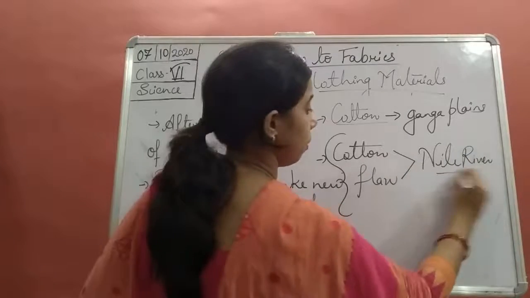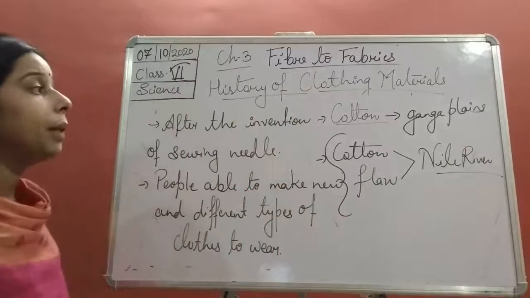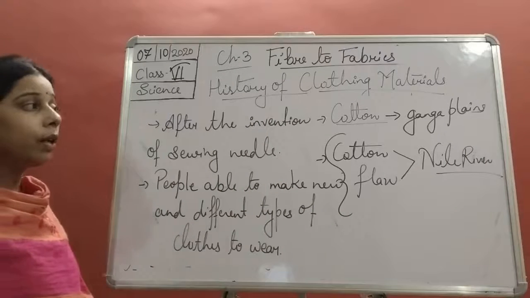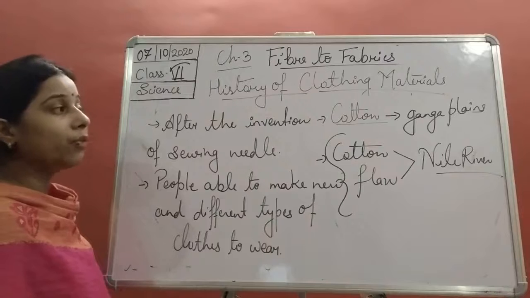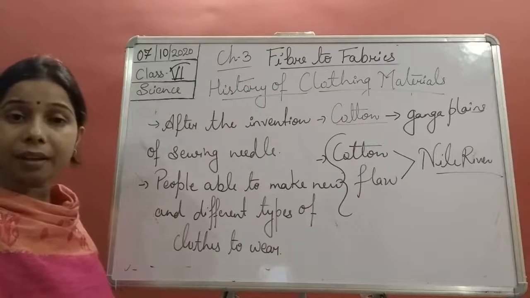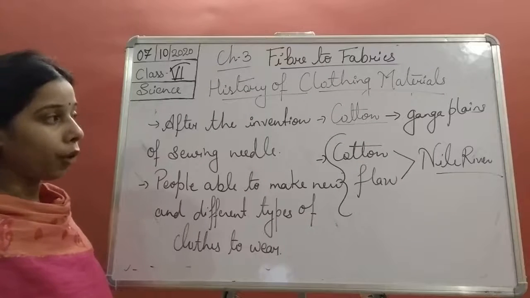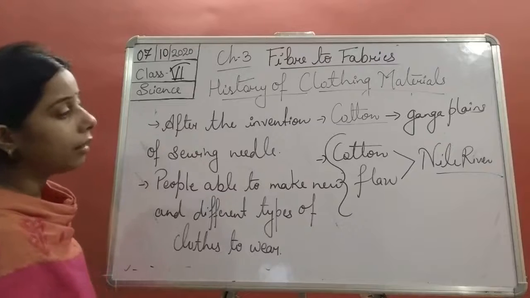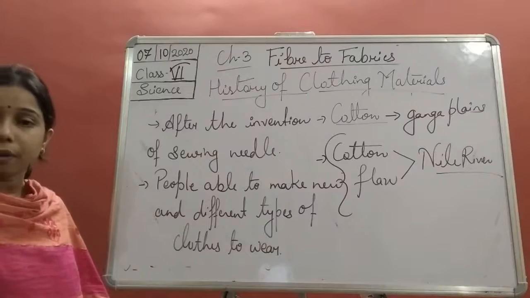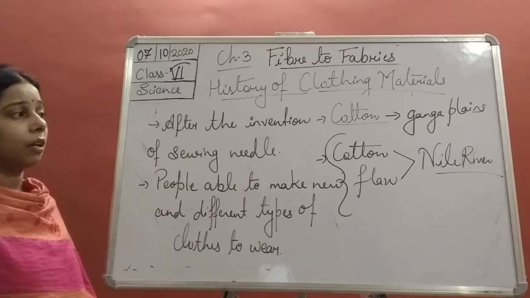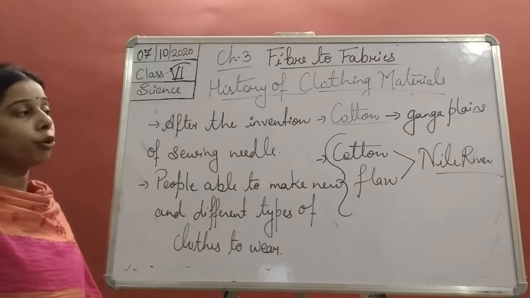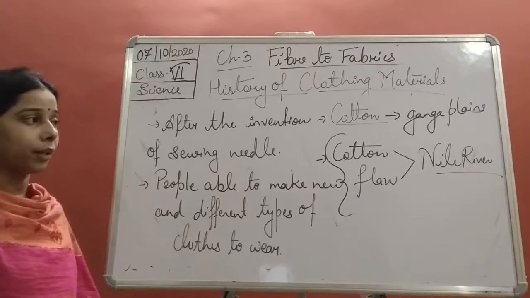Okay. So we can say that when people understood the importance of these fibers, they started cultivating them near the water bodies, since these need a lot of water for proper growth. So they used to grow it near the water bodies.